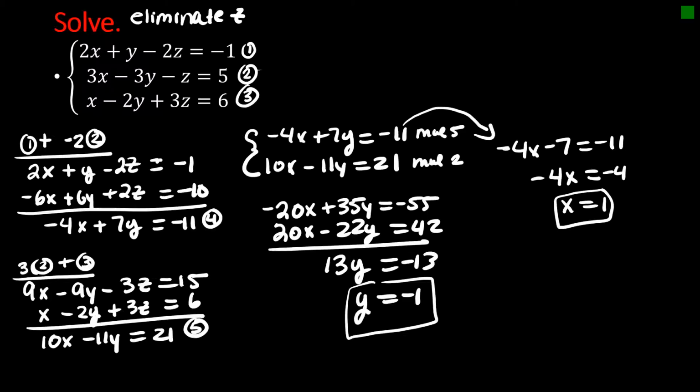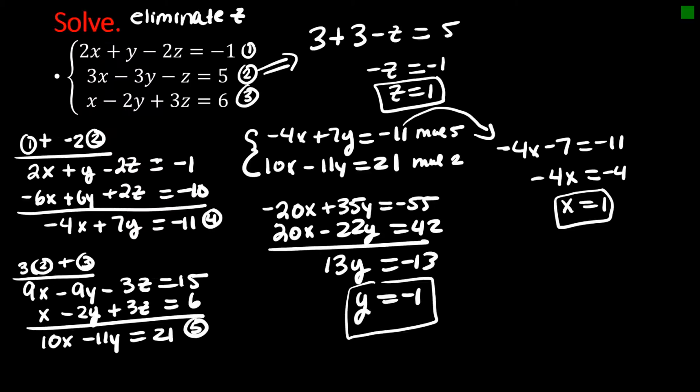So now I need to find z, and I'm going to go here. 3x, so 3 times 1 is 3, minus 3 times y, where y is negative 1, will be positive 3, minus z equals 5. So negative z, if I subtract 6 from both sides, it's going to be negative 1. So z is 1. So my solution set is the ordered triple 1, negative 1, and 1.